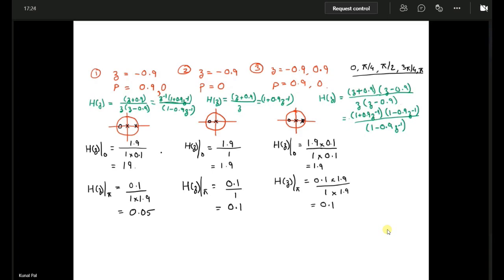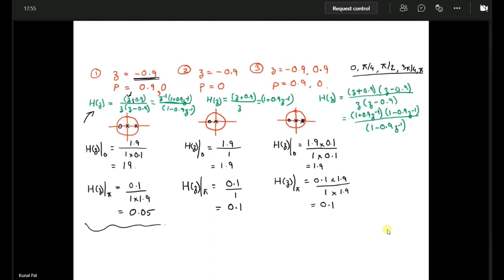Now, secondly, after you have found the amplitude response, we can also find the transfer function of the system. This transfer function is given by z, which is the z operator, minus of 0.9.